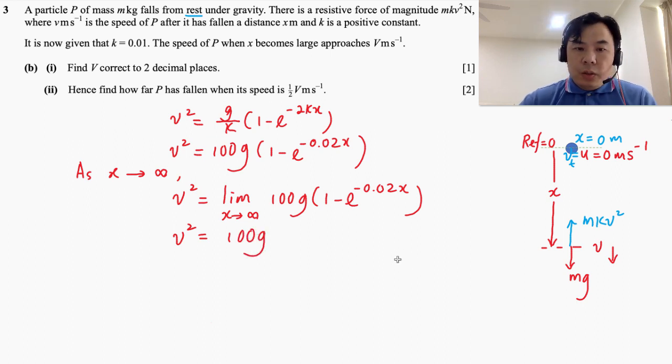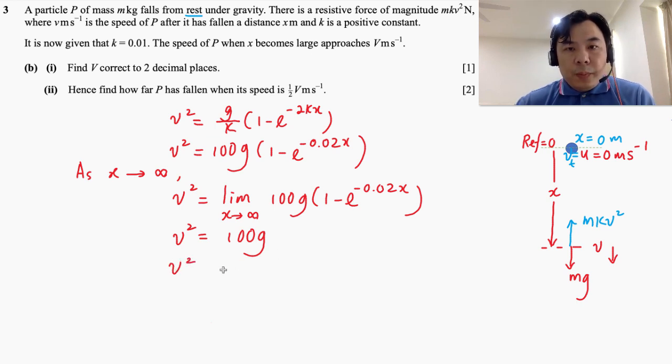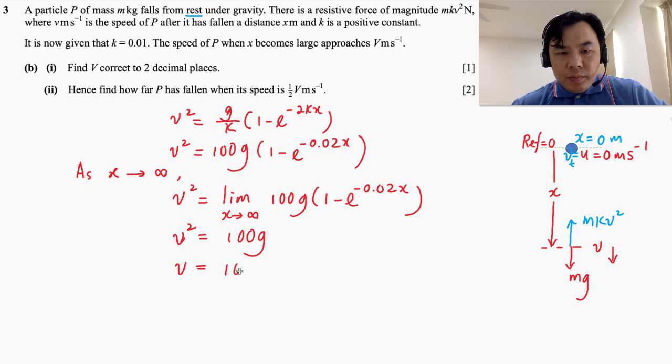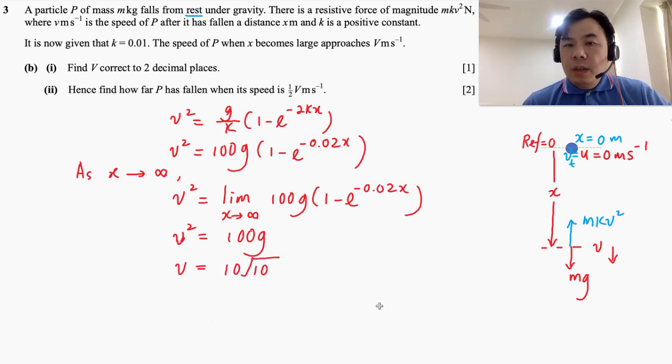In this case, we say that v would be approaching, you can take the square root of this. So v will be equal to 10 root g. If you take out your calculator and try to calculate this, right?